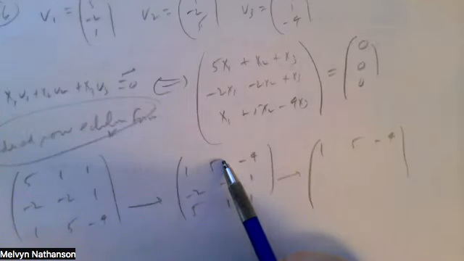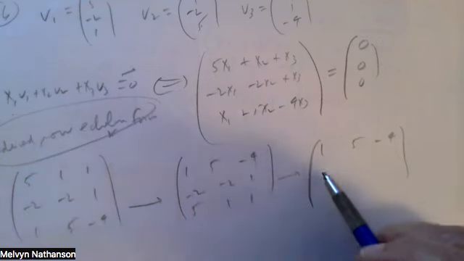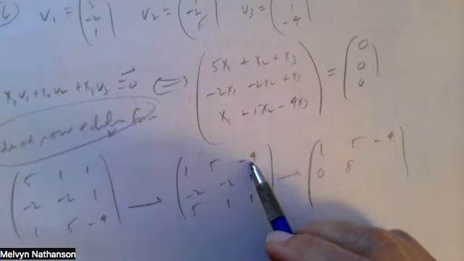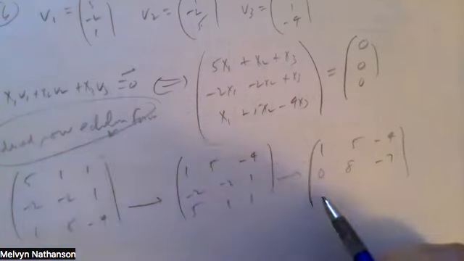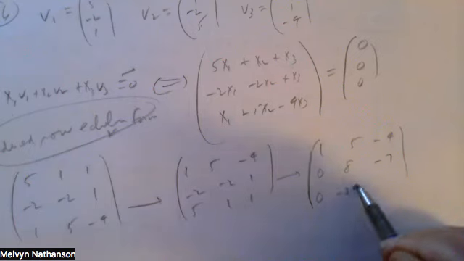If I add 2 times the first row to the second row, I get 0, 8, minus 7. If I subtract 5 times the first row from the third row, I get 0, minus 24, 21.